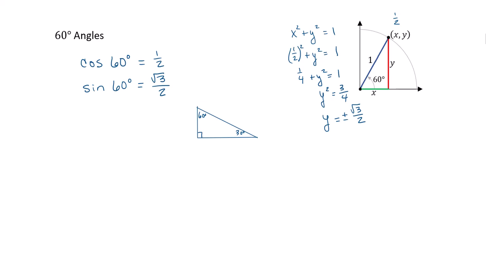And so the values for cosine and sine for 30 degrees and 60 degrees just flip-flop. But you can be assured that 1/2 is always going to be paired with a square root of 3 over 2. Over here, we have square root of 3 over 2 first, and the 1/2 is the height of the point where that terminal side intersects the unit circle.